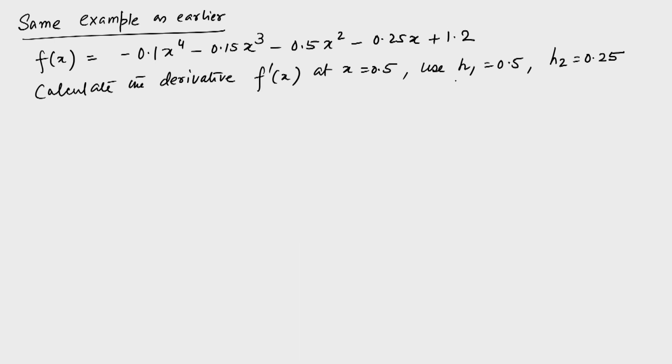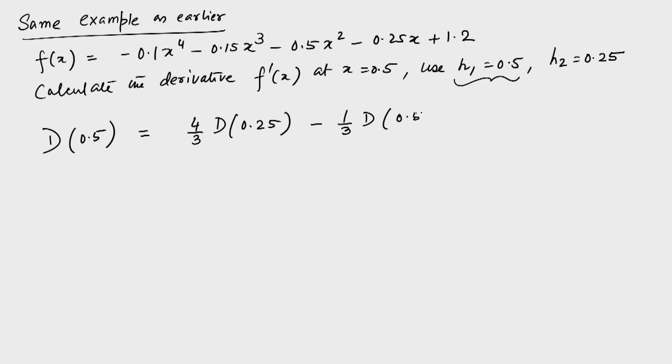So, this is the thing that is given, and H2 we have automatically taken to be half of that H1. So, D at H equal to 0.5 is nothing but 4 by 3 D at 0.25 minus 1/3 D at 0.5. Okay.